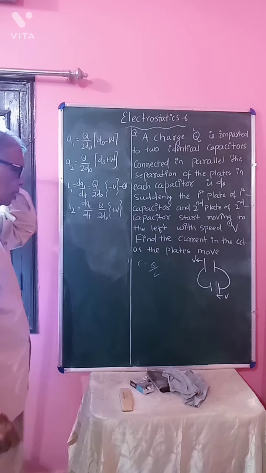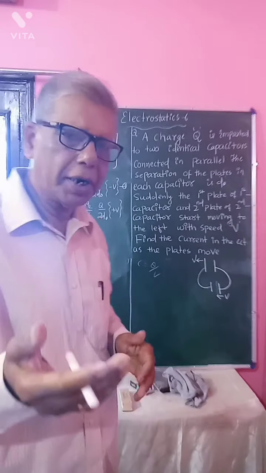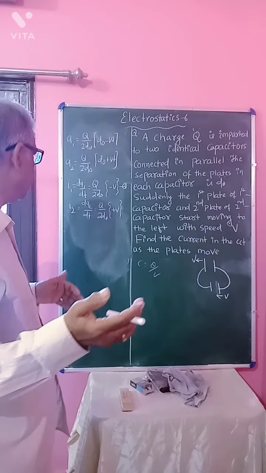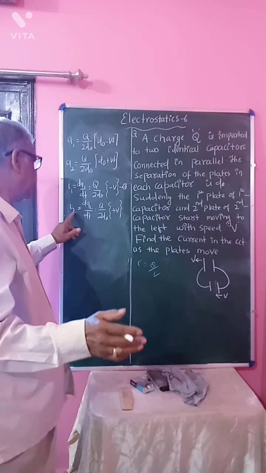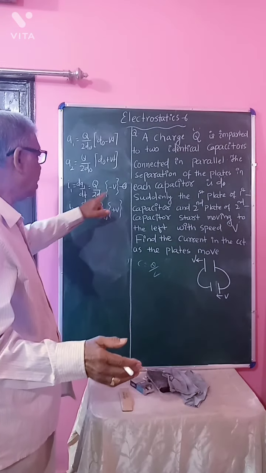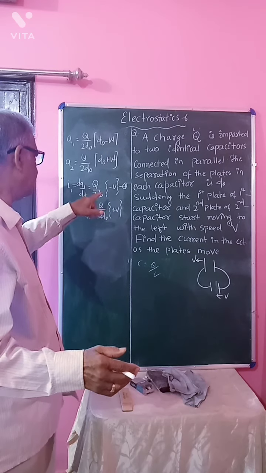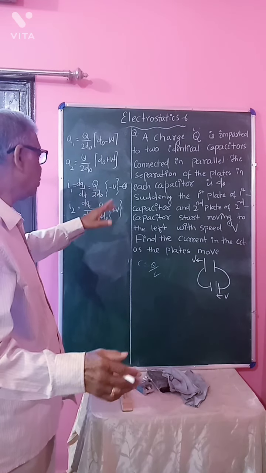See, the expression for current I1 is the same as the expression for current I2 but with a negative sign, that is, I1 equals minus I2.